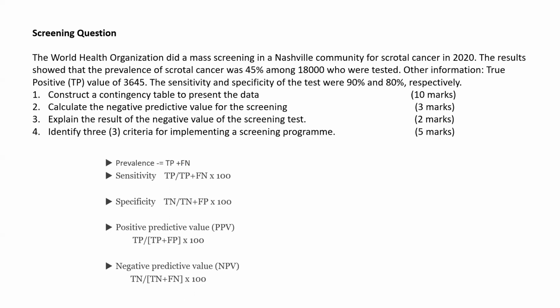We can further calculate the sensitivity, which is the ability of the test to identify those who have the disease. That's true positive divided by true positive plus false negative, multiplied by 100, so the answer is represented as a percentage, as you have seen in your question above. The sensitivity was 90%.